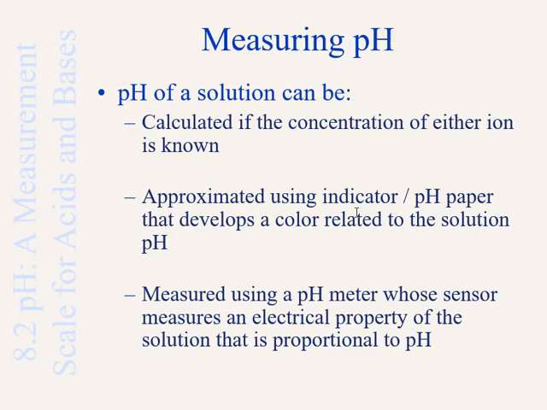You may have heard that a pH of 7 is indicative of a neutral solution. A pH less than 7 indicates an acidic solution, and a pH greater than 7 indicates a basic solution.